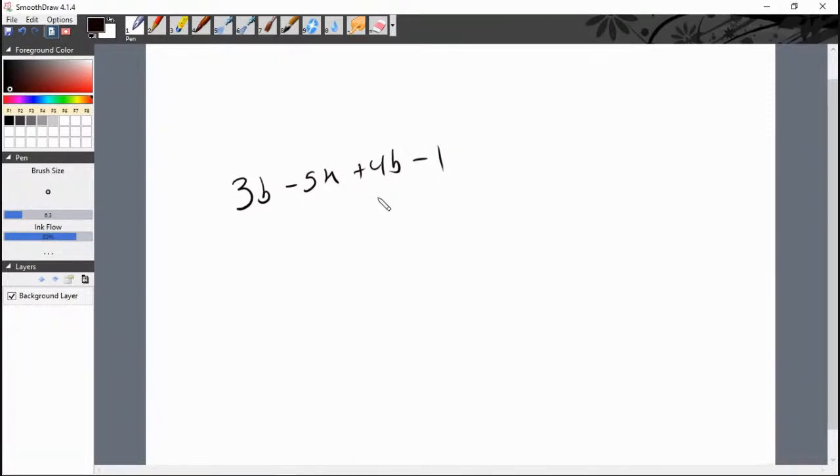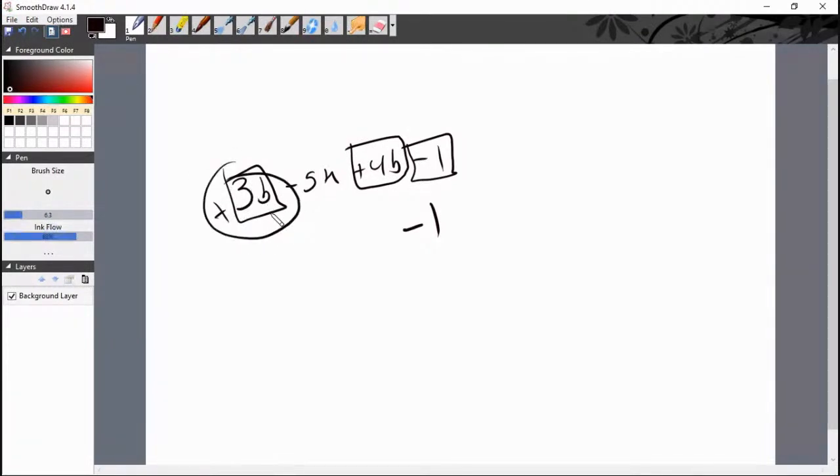Now, again, we know that this 1 doesn't have anything. There's no like terms with it, so we know it's just going to be negative 1. The like terms that we do have are 3b and 4b. Because now this doesn't have a sign, but we know it's positive because there's nothing in front of it. A positive 3b plus 4b is going to be 7b.